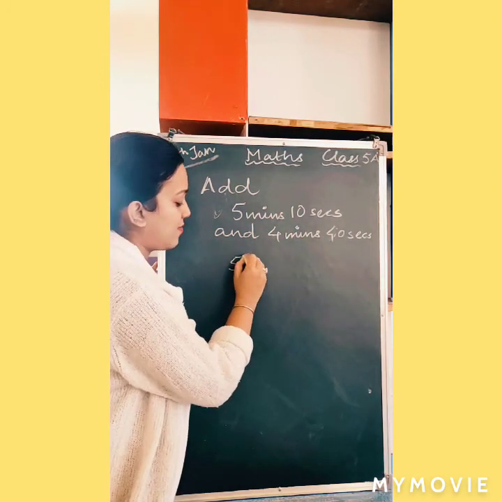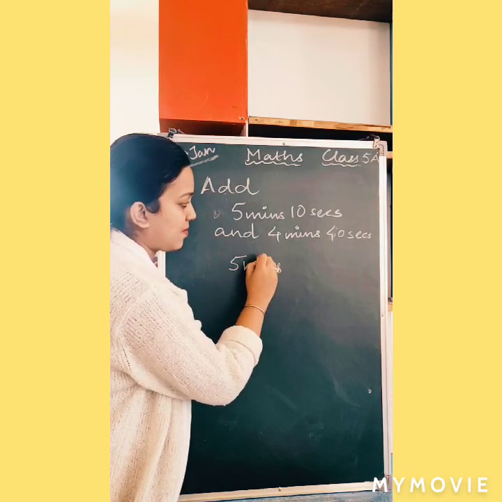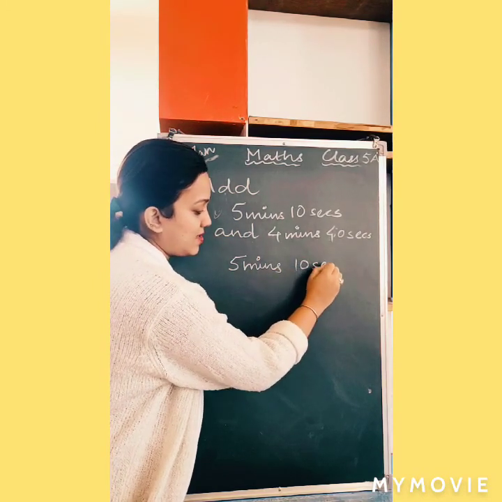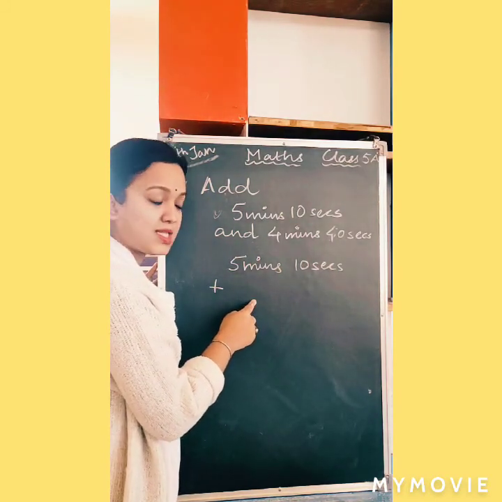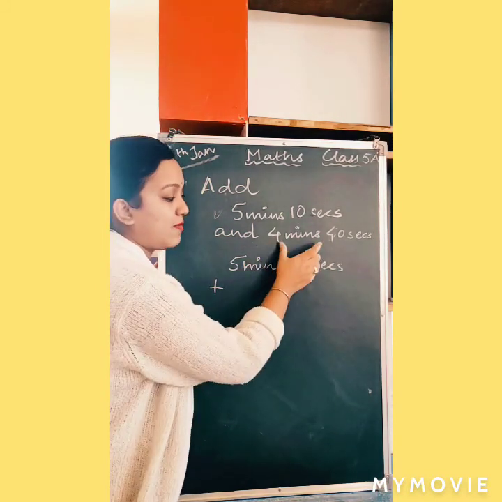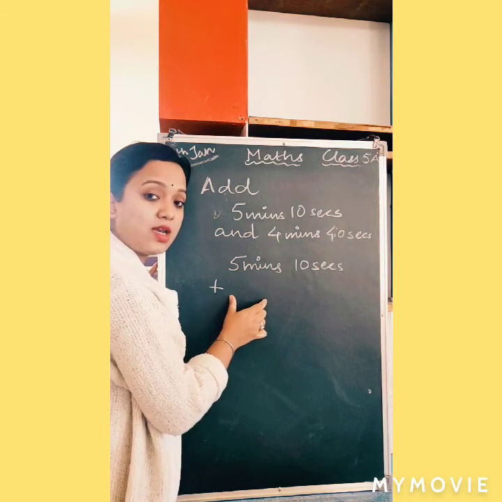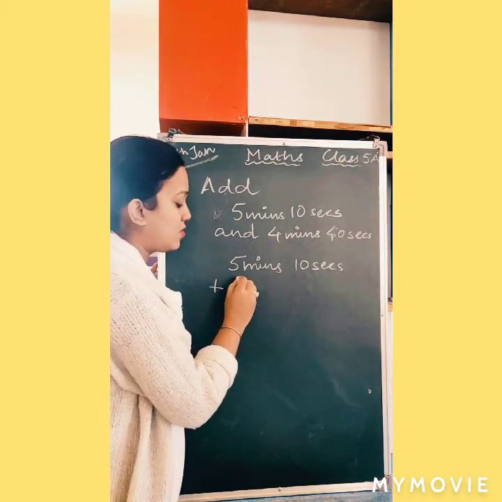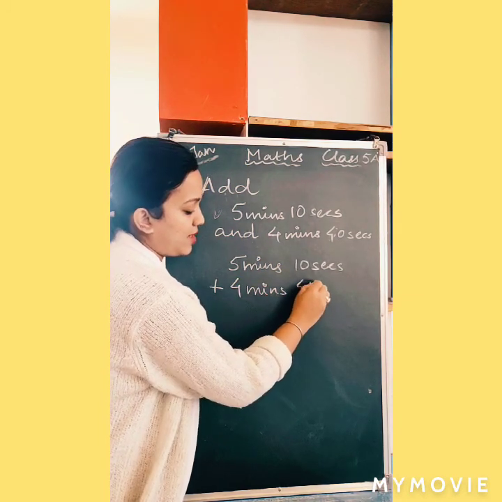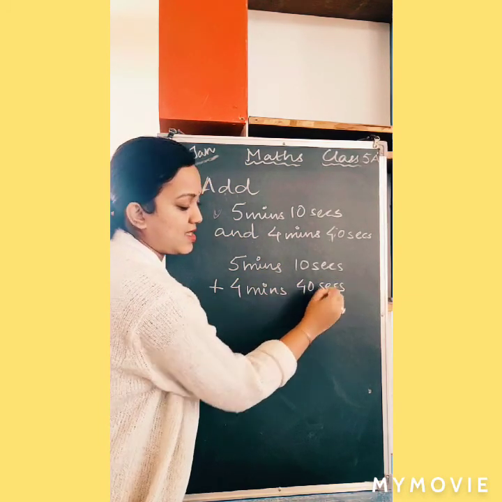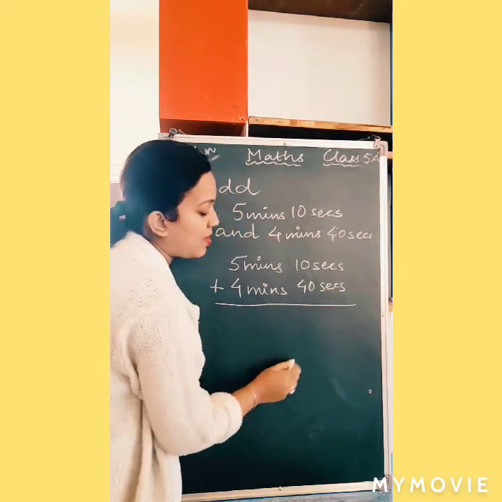That means 5 minutes 10 seconds plus, and below this, under minutes, you have to write whatever number is there for minutes only. You can't put seconds here. So we'll put 4 minutes 40 seconds. Correct? Now simply you add it up.